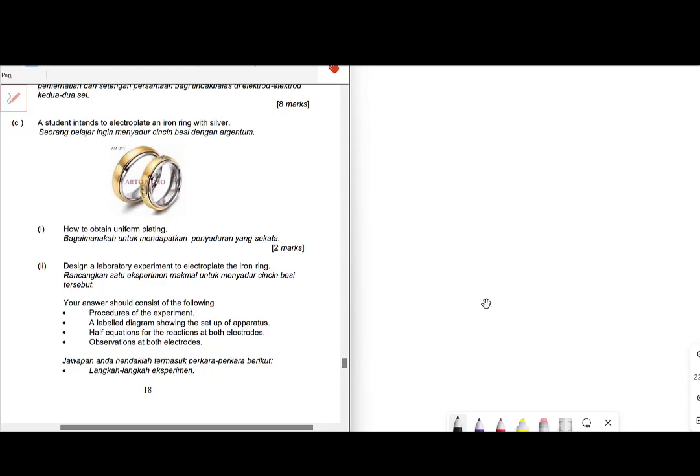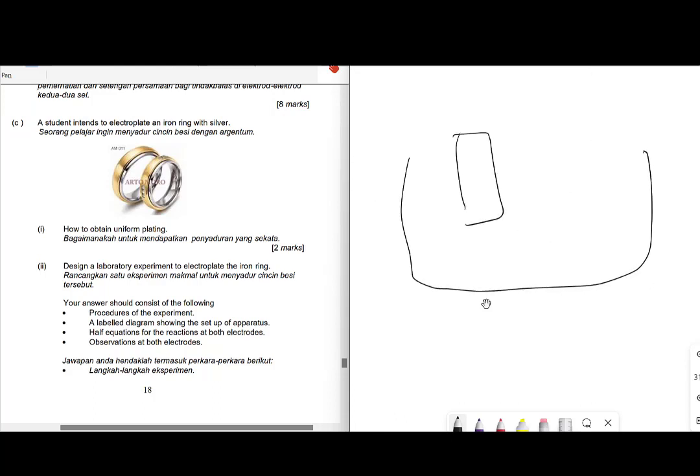What is actually electroplating here? For electroplating, of course, you have electrolytes. And here you have your long and short lines. So this is your plus, this is your minus. And let's say you want to electroplate the ring.